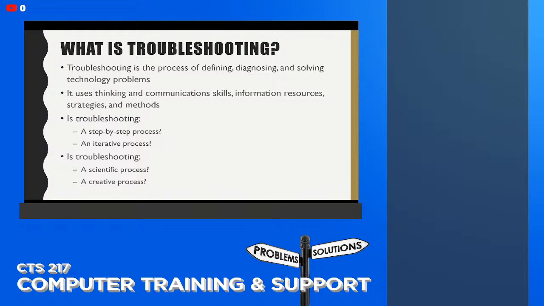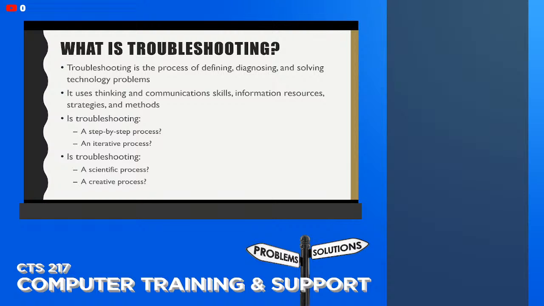Because like I said before, some problems will be known to us, which will allow us to move through this process quicker. Some problems will be unknown to us, which will present us more challenges as we're trying to go through this.